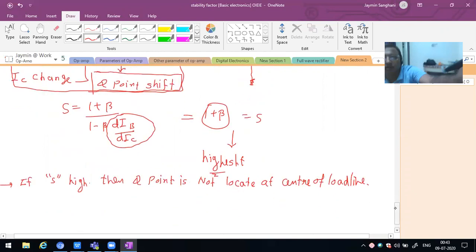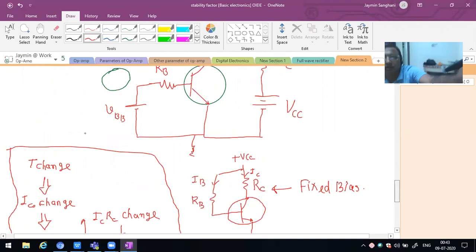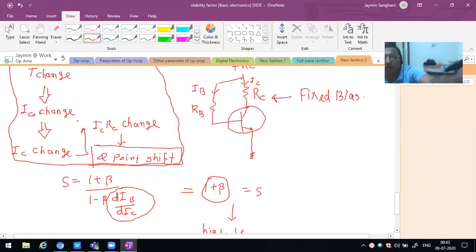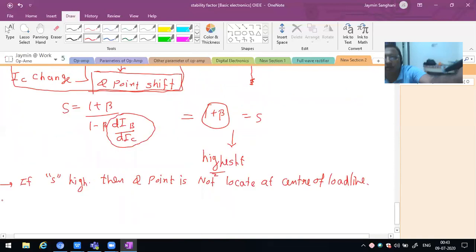You have to just sketch the diagram and write this formula for stability factor S. Basically it is a 3-mark question. So stability factor S is very high for fixed bias. This is the complete explanation related to fixed bias. Thank you.